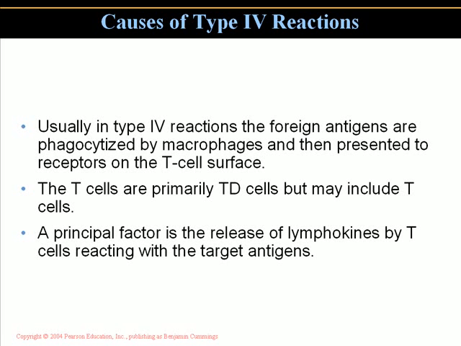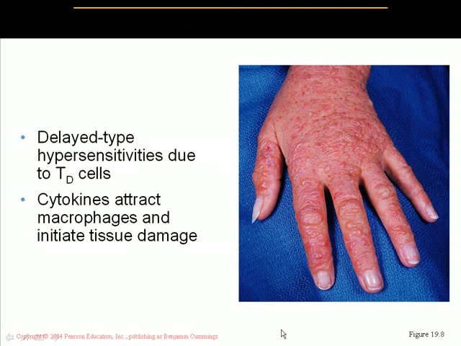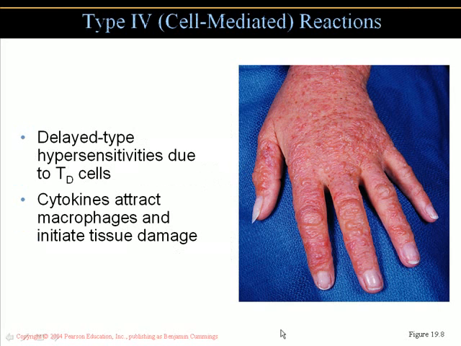Delayed type hypersensitivity reactions are due to these types of cells. Cytokines attract macrophages, which initiate tissue damage.